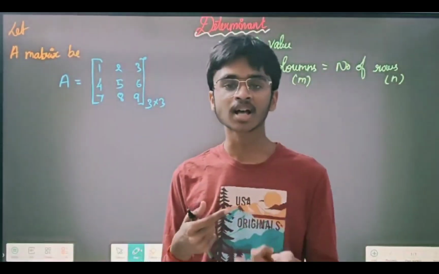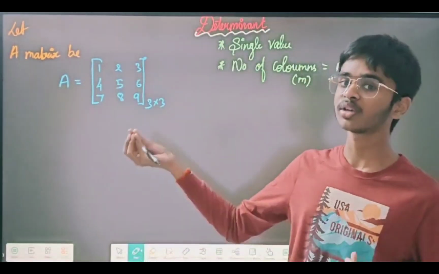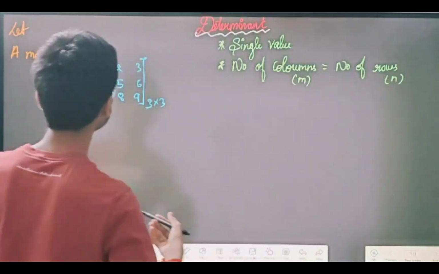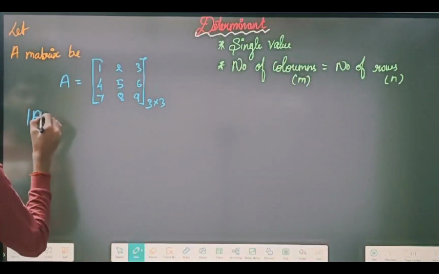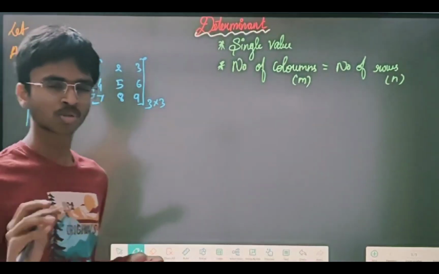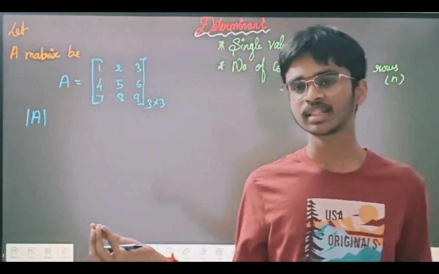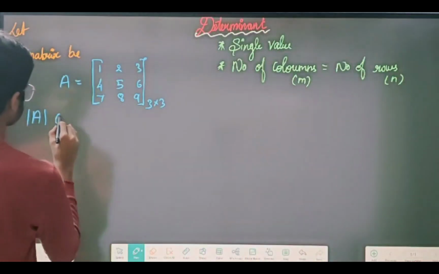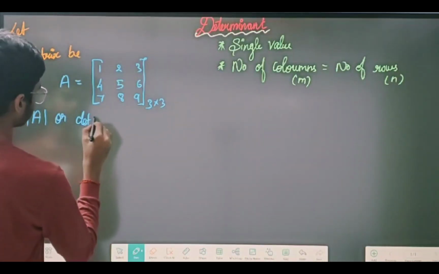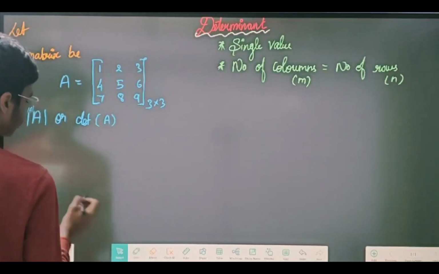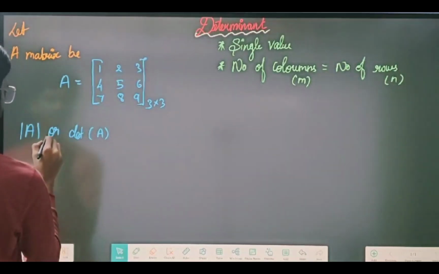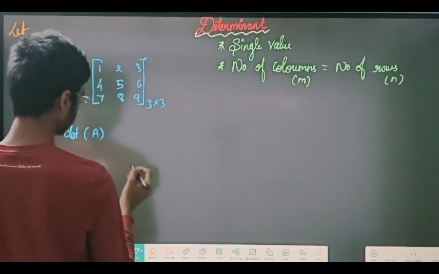But when someone asks what is the determinant of matrix A, you can write it like this, like mod A, but it is not mod A. It can be represented like this, or you can also write it like this.